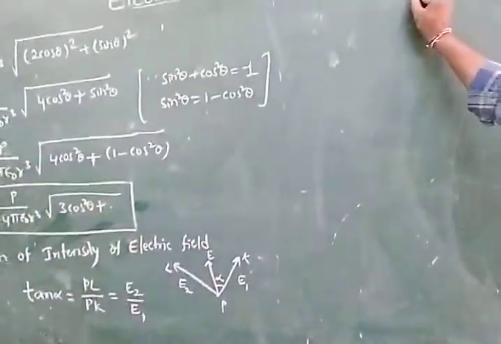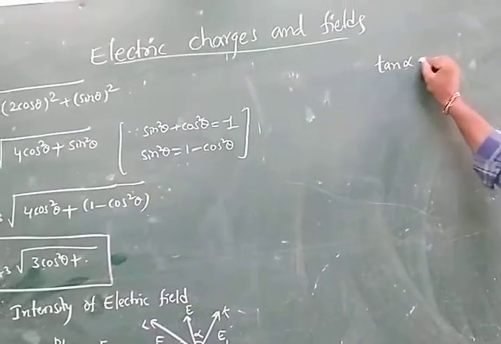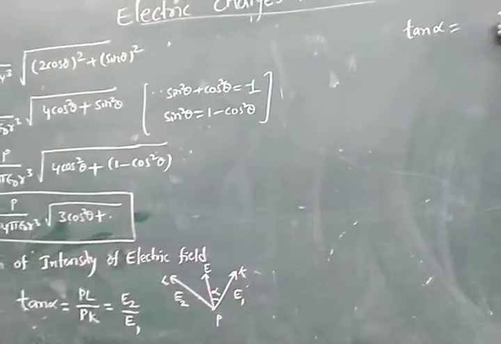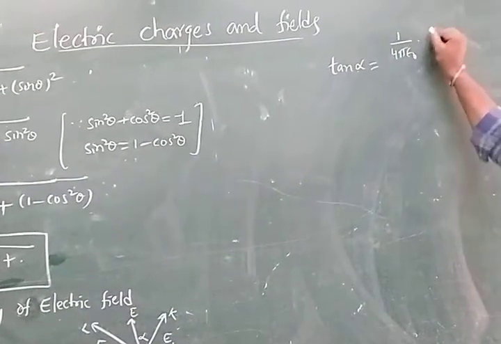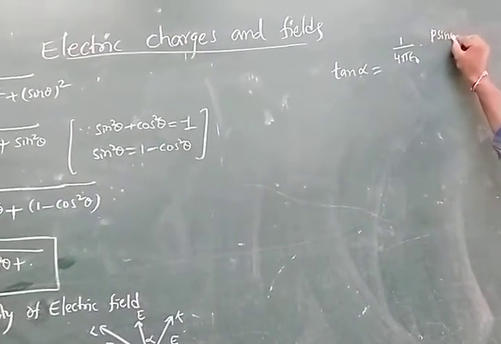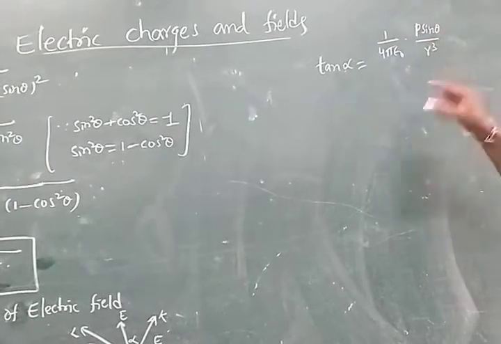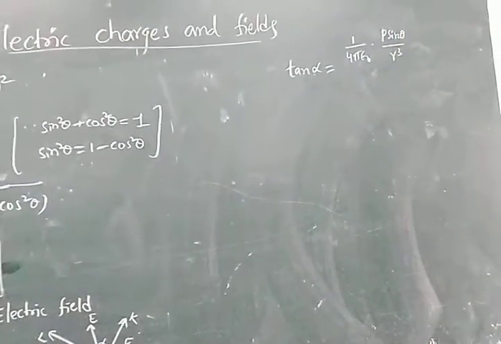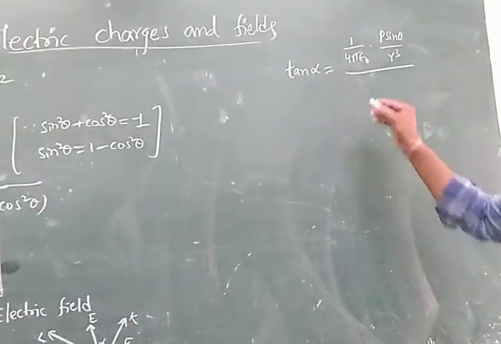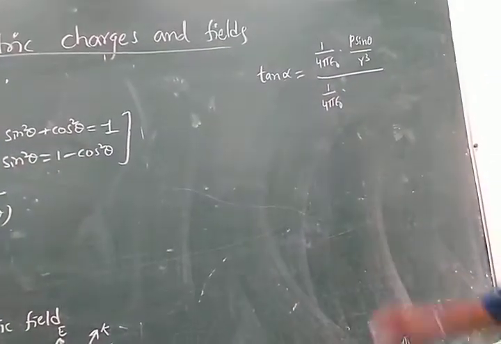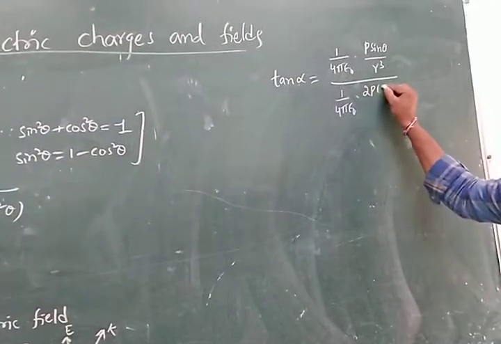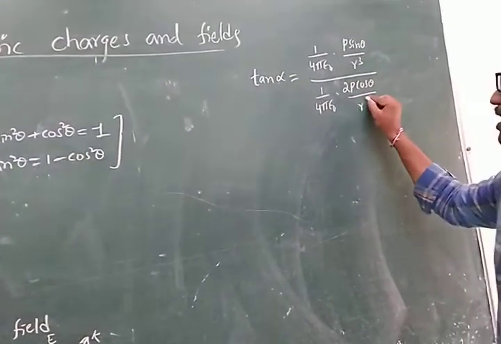E2 is 1 by 4 pi epsilon naught p sin theta by r cube, the equatorial component, divided by the axial component, 1 by 4 pi epsilon naught 2p cos theta by r cube.